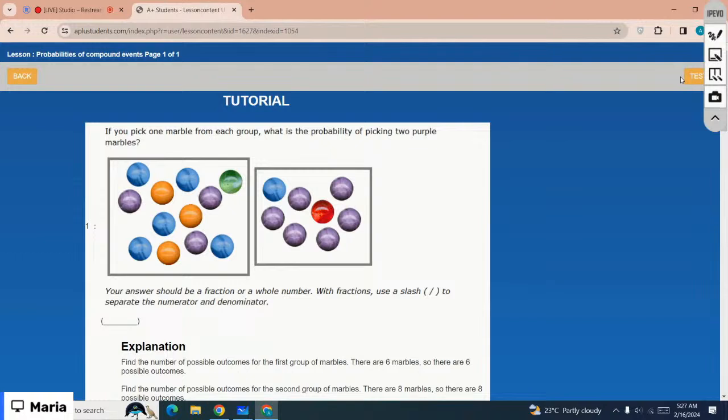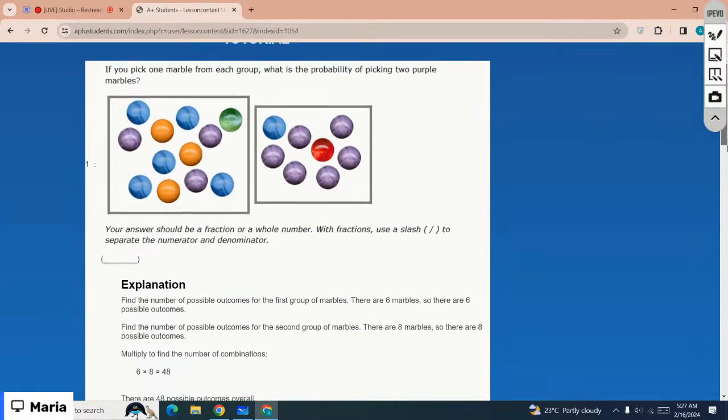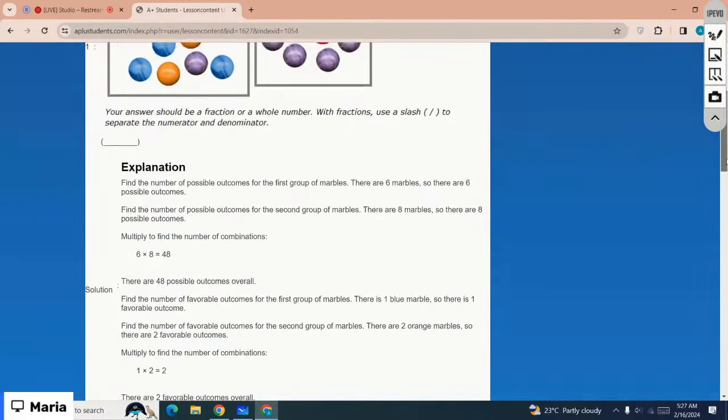So for example, let's just look at this example, right? If you pick one marble from each group, what is the probability of picking two purple marbles? You have to calculate the probability of getting two purple marbles.